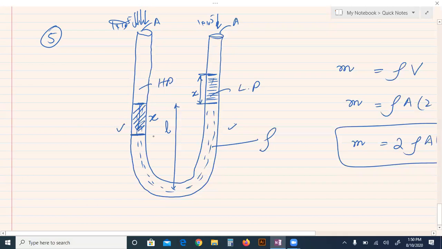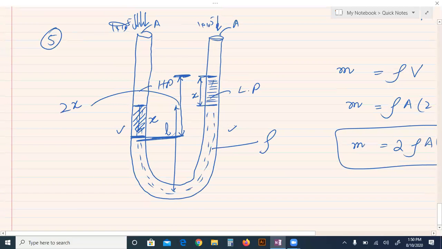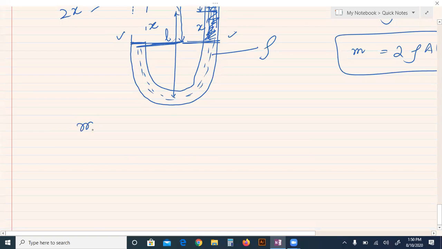So from this lower level to this upper level, the total height difference becomes 2x. This is actually the liquid which is displaced. Now this side the level is this, and this side the level is more. So the displaced liquid height is 2x, double x. So what is the mass of the displaced liquid?